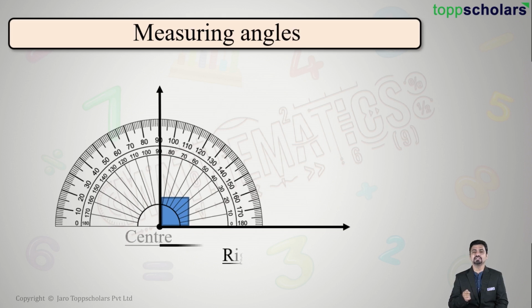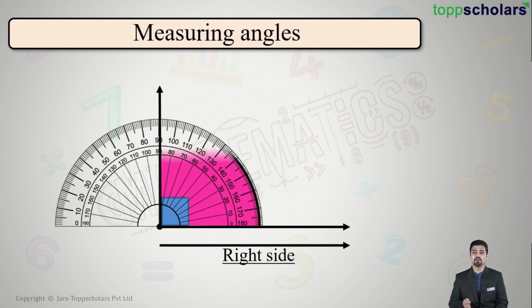So, I start measuring from there, that is from the right hand side, and I go all the way. The final arm coincides with the 90 mark of the protractor. So, what do I understand from this? That the measure of the angle is 90 degrees. So, it is a right angle as we had already judged.